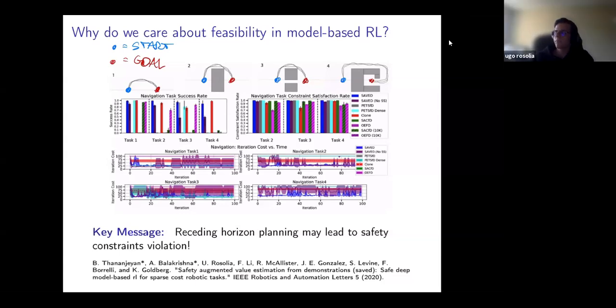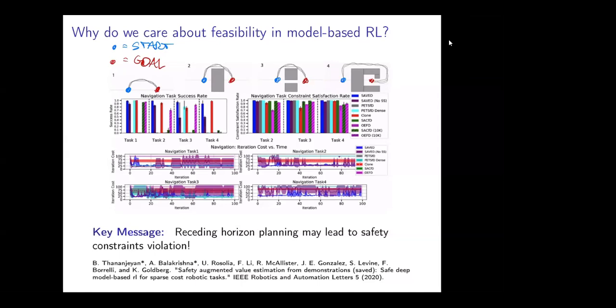So then feasibility and optimality coincide. Right, because if you're feasible, then you're also optimal. I was just wondering, when you're designing these things, how do you think about it? This sparse cost starts to look a little bit like feasibility rather than optimality.